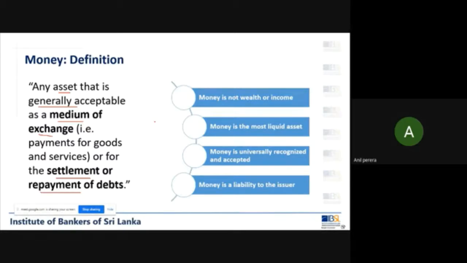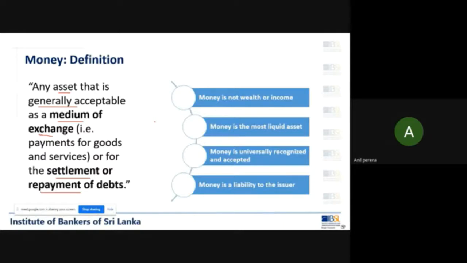Maybe it was the case in the past. But in the modern world, if a financial institution lends you, a bank gives you a loan, they won't accept anything other than money. You have to pay in money terms. So it's an important feature in the modern economy. I think the definition is clear.